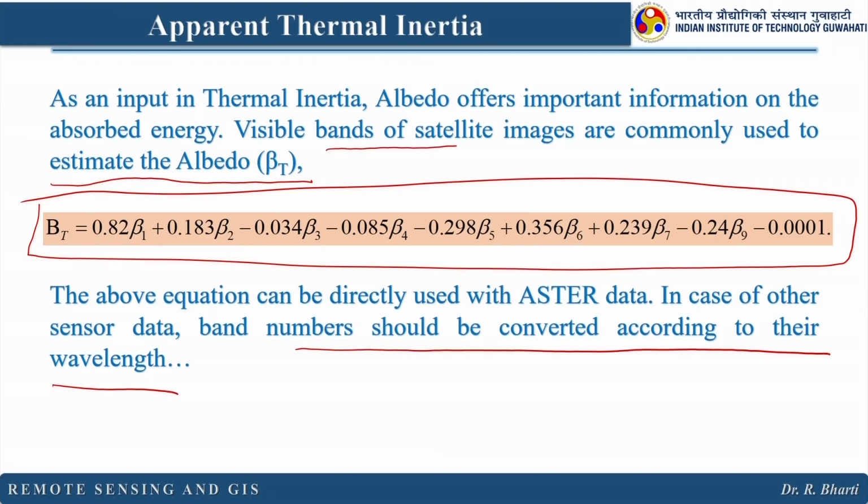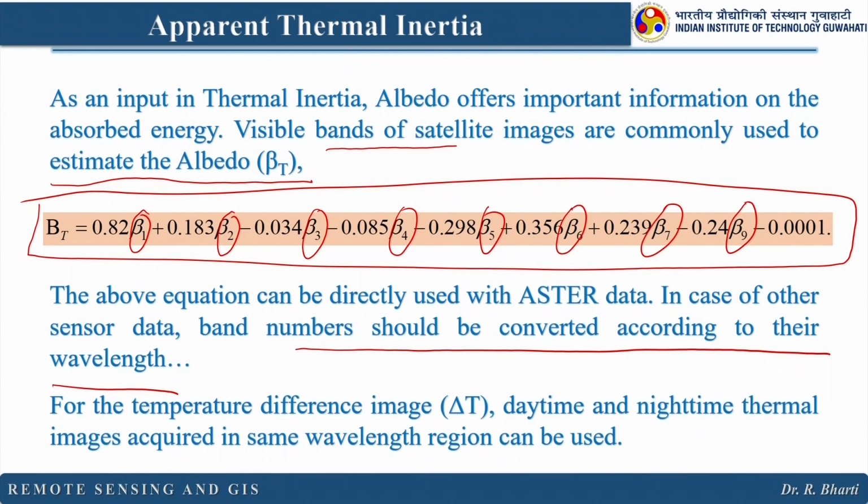So remember, for ASTER you can directly use this formula, where these are band numbers: band 1, band 2, band 3, band 4, band 5, band 6, band 7, band 9, right? For the temperature difference image delta T, daytime and nighttime thermal images acquired in the same wavelength region can be used.